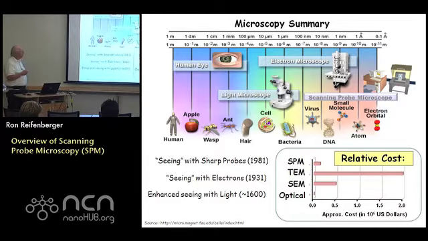And historically, electron microscopes were invented in the early 1930s. What they did is they used electron beams. They took a focused beam of electrons and they reflected it off of a sample, or they transmitted it through a very thin sample.